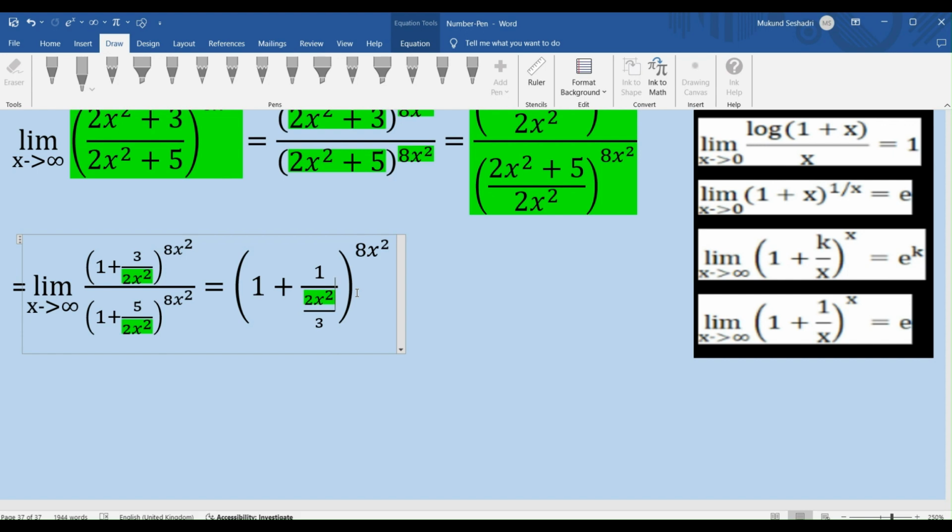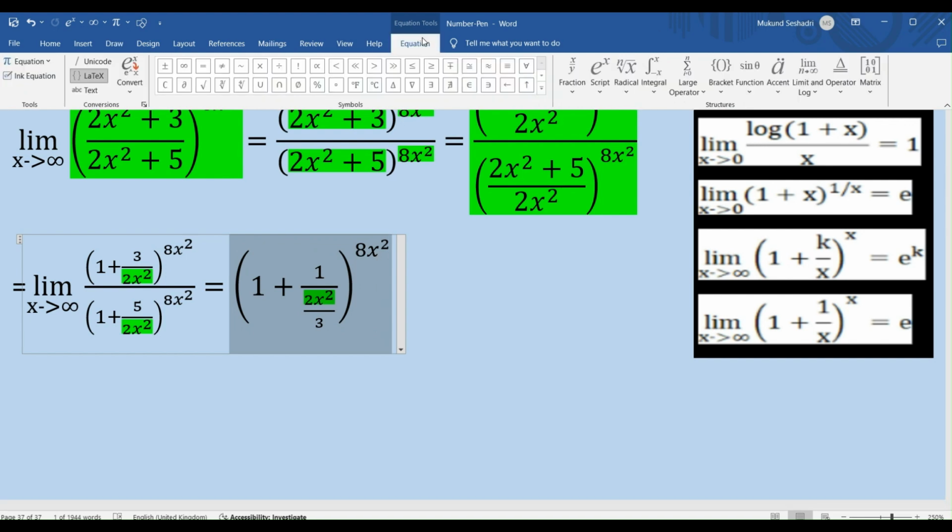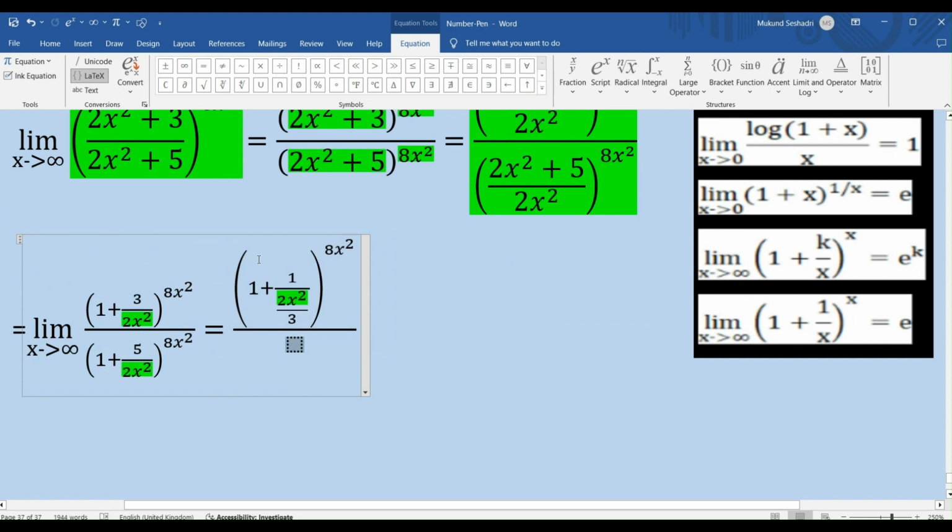If you want to visualize it another way, all that I've done is bring the 3 to the denominator in the 1 plus 3 by 2x² expression, right? When I do a very similar thing to the denominator, I get 1 plus 2x²/5.